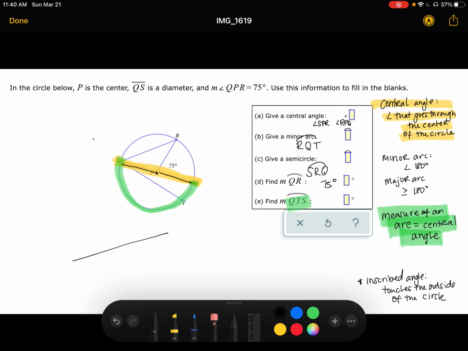A straight line is still an angle, and I always ask you guys this: what is the measurement of a straight line? It is 180 degrees. So because this is 180 degrees and it is going through the center, this arc is 180 degrees also.